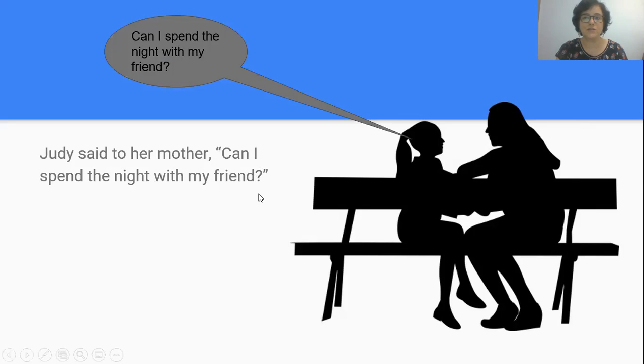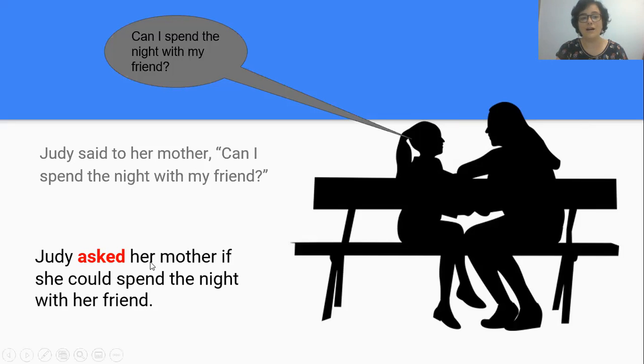Now let's change that to indirect speech. Remember what I told you. Not said, not told. What's the word to be used? Asked. Okay? Judy asked her mother if she could. Notice this interchanging happening again.